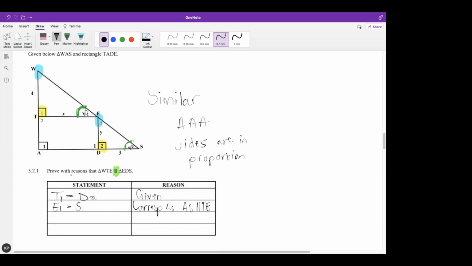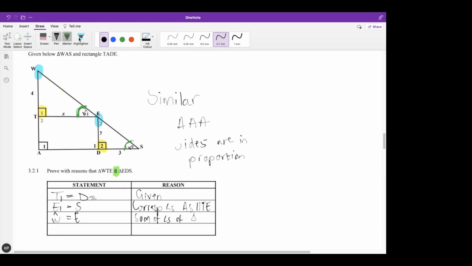Can you see that, guys? So then you're going to say angle W is equal to angle E2 because of, you don't even have to show sum of angles of triangle. Do you see, guys? So please remember that if you prove two angles in a triangle equal, you can assume that the third one is equal.